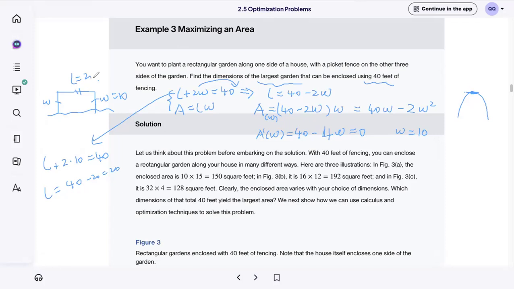So the length is 20. Width is 10. So that's the dimension. Dimension means the width and the length. So the width is 10, length is 20. Okay. So if we ask what's the largest area, we just multiply these two: 200 square feet.